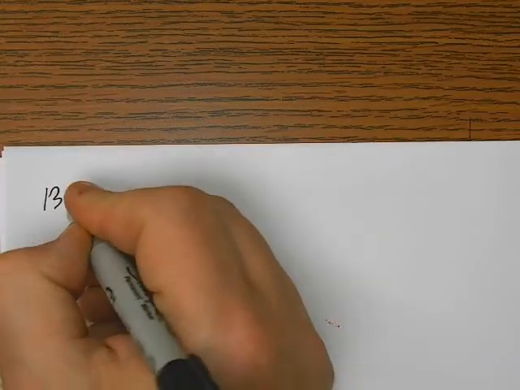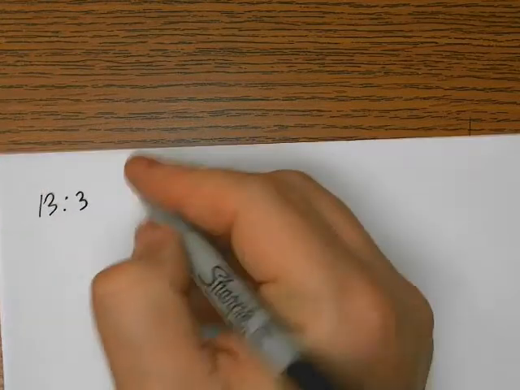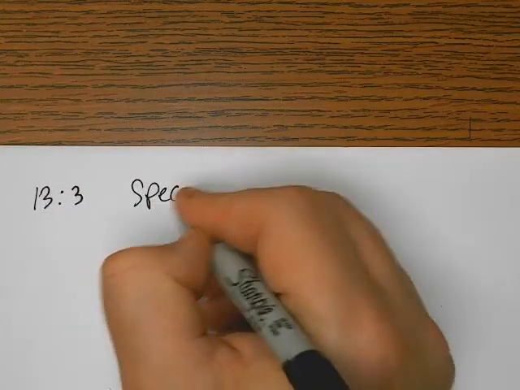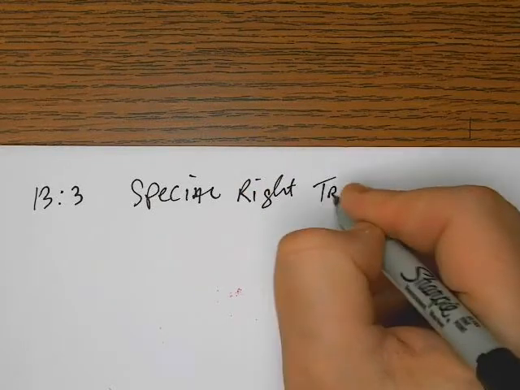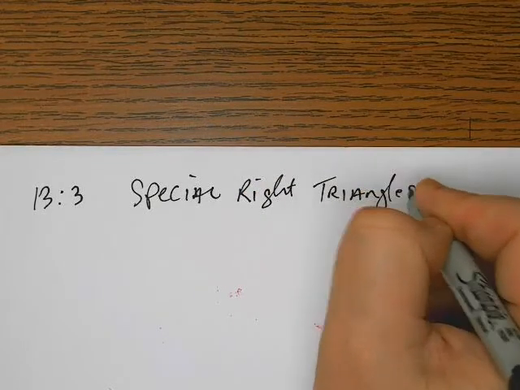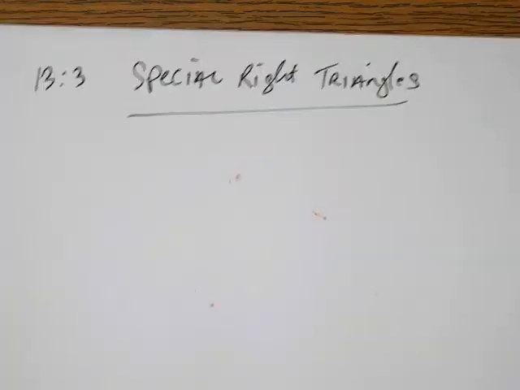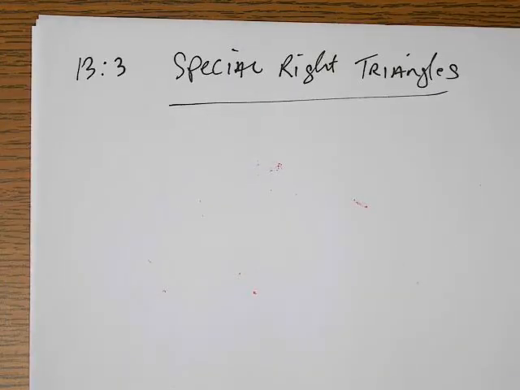Okay, notes out. Let's take a look at section 13.3. These are called special right triangles. If it's important enough for me to write it down, you probably should write it down. Special right triangles. There are actually two types.